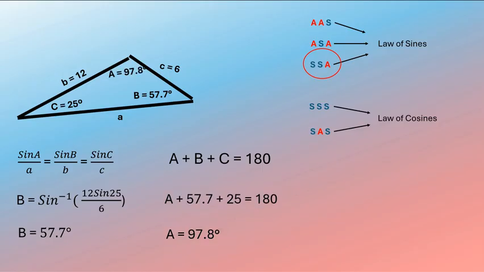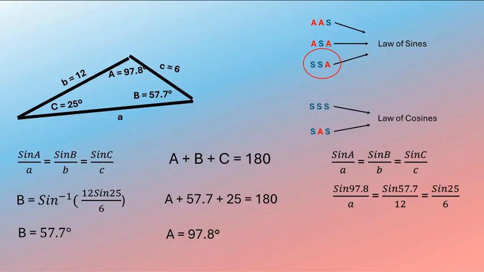Now there's only one thing left to do, and that is to find side A. All right, and we're going to use the law of sines again. And this time we are going to use the A's because we've already found angle A. And so we're going to isolate side A on a side by itself, multiply both sides by A, the A's cancel out.